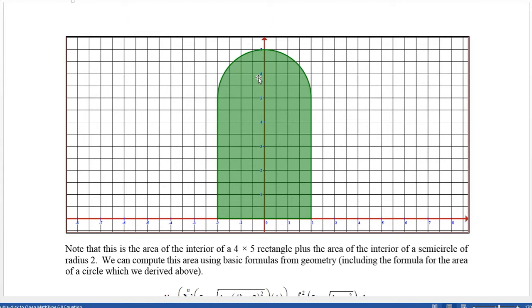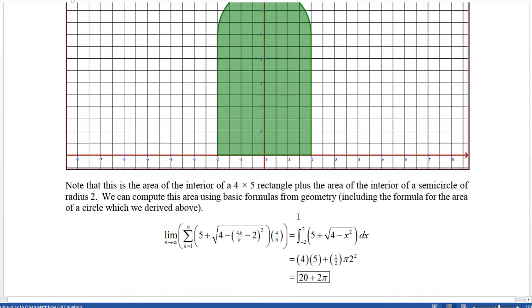But we have half of one of those, so it's 1/2 pi r squared, right here, plus the area of the rectangle, which is just base times height, or 4 times 5. So 4 times 5 is 20. 1/2 of one of these 2's cancels, leaving the other 2 times pi. So it's 20 plus 2 pi is the area of that particular shape.